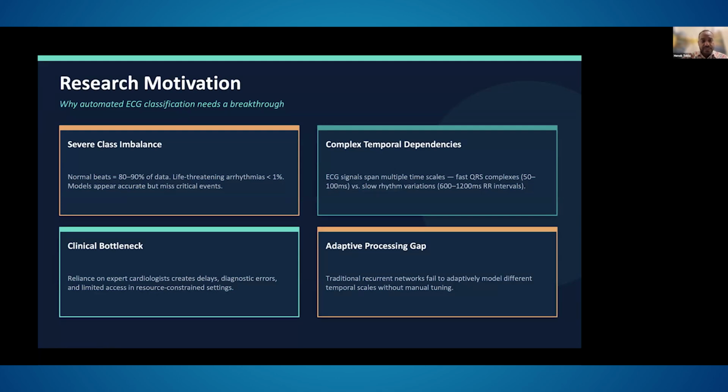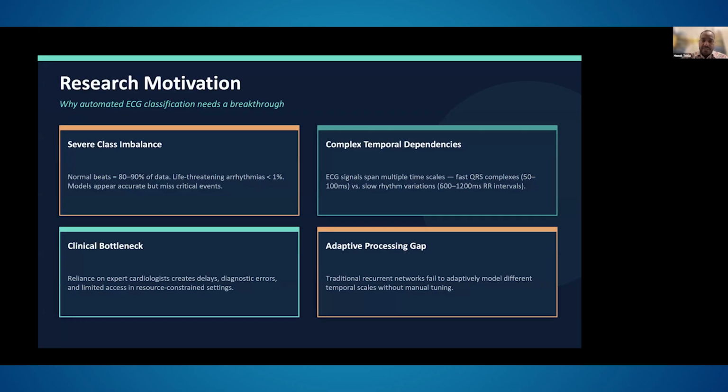The other thing is that we have a very imbalanced data set: normal beats make up around 90% of the data set, and there is a very small amount of data with life-threatening arrhythmia, which is less than 1% of our data set.